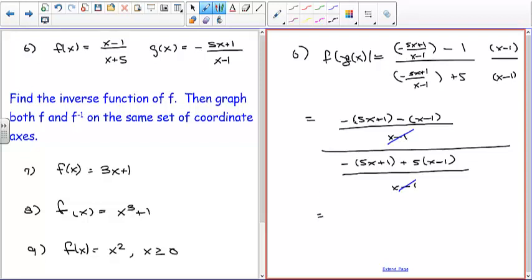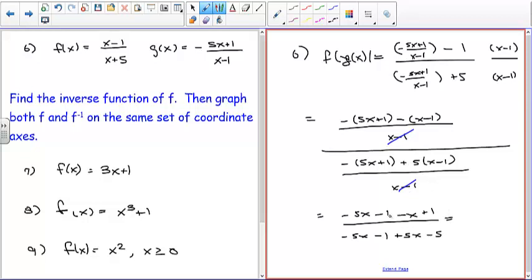So in the numerator we have, let's distribute everything out here. Negative 5x minus 1 minus x, and you have a minus times a minus, so that's plus. And then the denominator we have negative 5x minus 1 plus 5x minus 5.